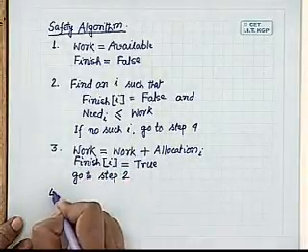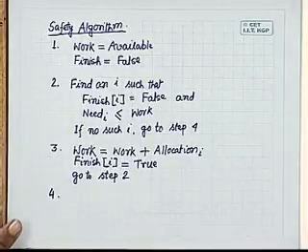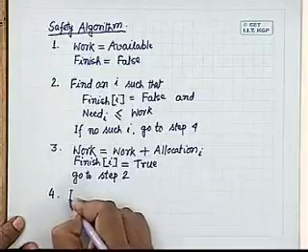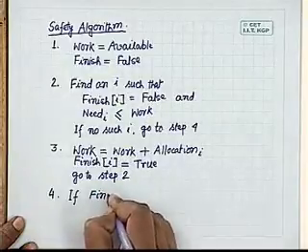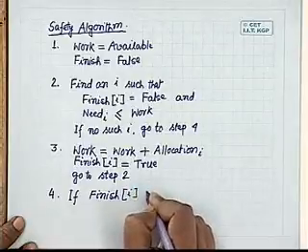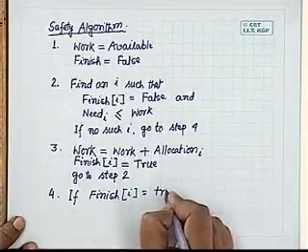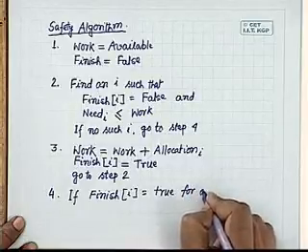And in step 4, what you do is, you check whether every component in the finish vector is equal to true or not. If every component in the finish vector is equal to true, that means the state is safe. Okay. So in step 4, I check if finish[i] equals true for all i.